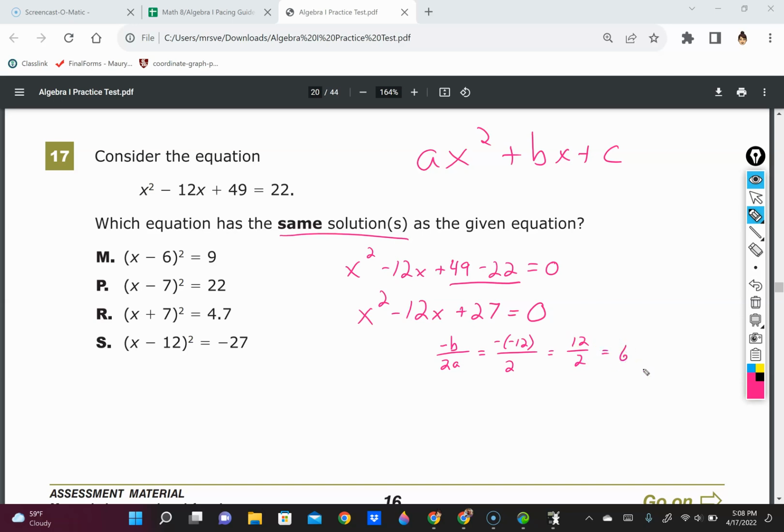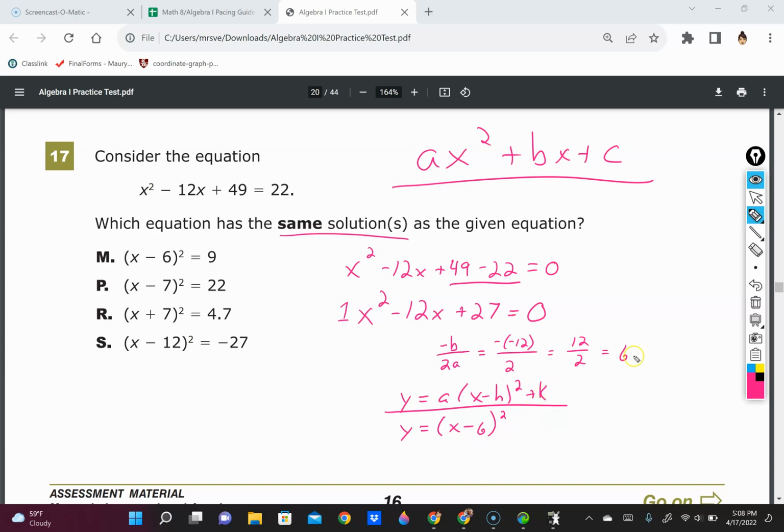So this is going to go into my vertex formula as my h. My a is the same in standard form as it is in vertex form, so I can just leave that off. So x minus 6. Notice it turns opposite when it goes inside the parentheses.